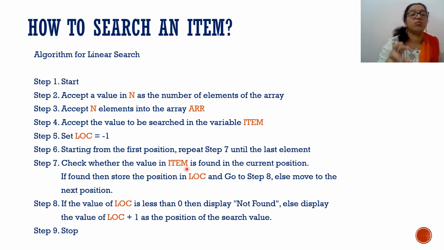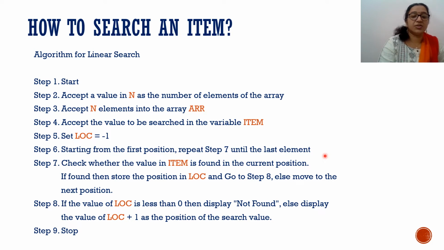If it is not, we can move to the next one. Then the third position value, is it equal to item? If it is okay, we can store the index number in the LOC variable. If it is not, again we move on to the next location. So this is step 7. This step 7 we want to repeat until the last element. If we didn't find that value, we keep on moving until the last element.